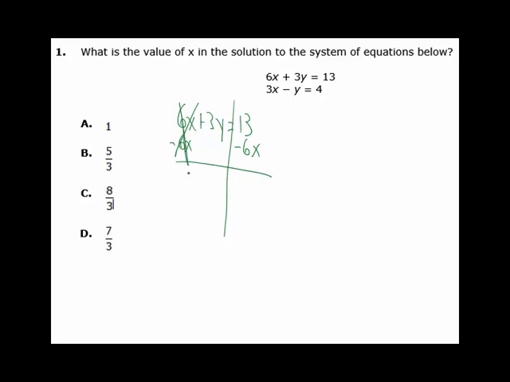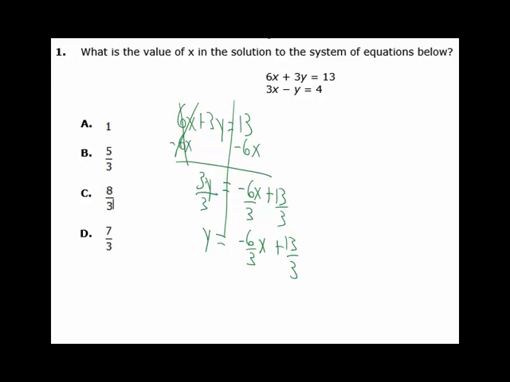So 6x minus 6x cancels, leaving us with 3y on the left-hand side is equal to a negative 6x, and that's a positive 13, so I'm going to write plus 13. Now to get y by itself, it's 3 times y, so I need to do the opposite, divide both sides by 3. 3 over 3 is 1y, or just y, equal to negative 6 over 3x, and then plus 13 over 3.